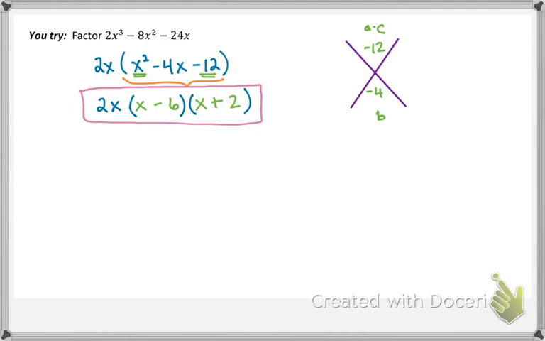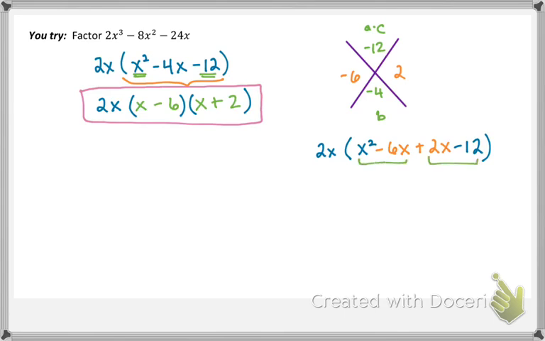My numbers are going to be negative 6 and positive 2, and then I break it up. So I'm going to have 2x out in the front, and I'm going to have x squared minus 6x plus 2x, split up the middle term, minus 12, and then we group.